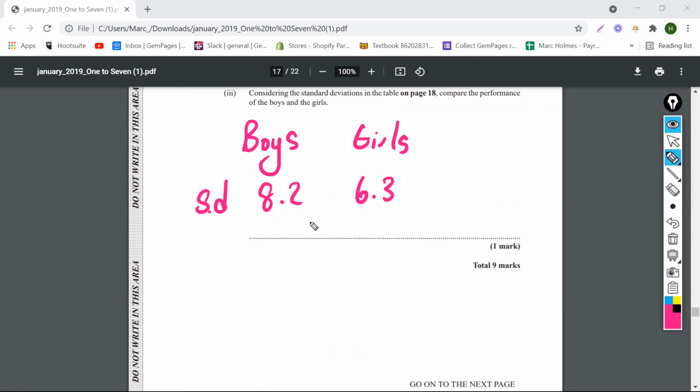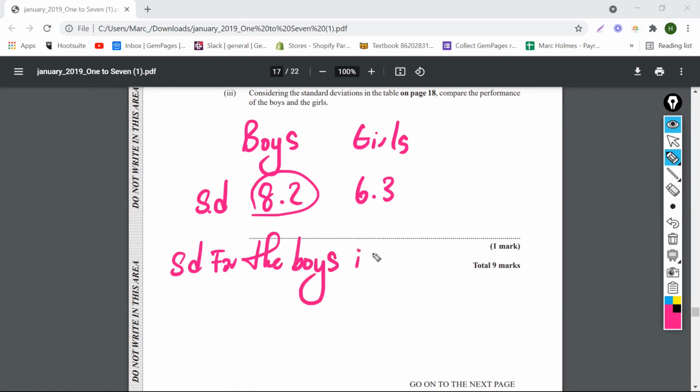Now, what makes this say who did better? The fact that the standard deviation, the SD, for the boys is bigger means, guys, that on the graph, most of the people didn't get what they expected to get. Because the standard deviation is bigger, most boys didn't do as well.